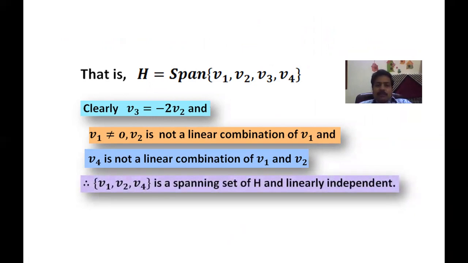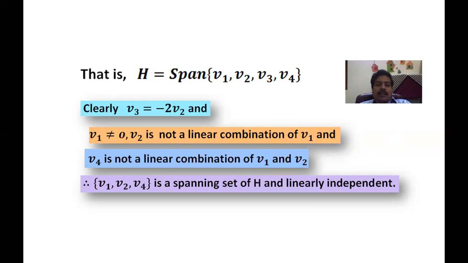Therefore, by eliminating V3, we can say that V1, V2 and V4 is a spanning set of H and linearly independent. Since V3 is a linear combination of V2, we can omit it. Even if we omit V3, the remaining set still can span H by our spanning set theorem.